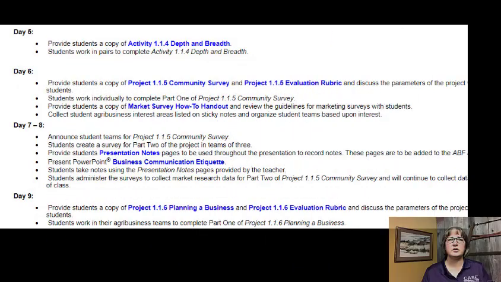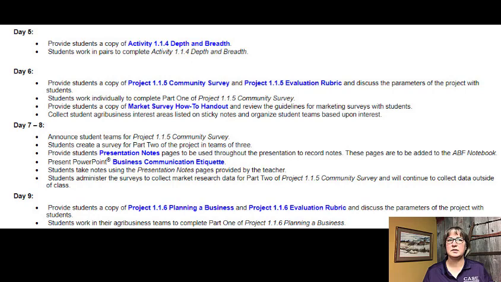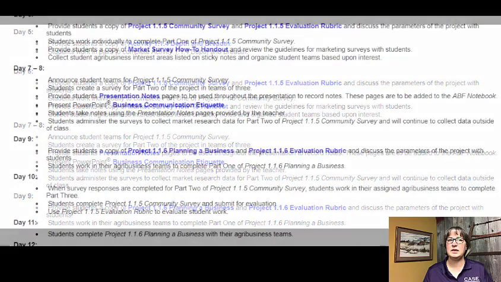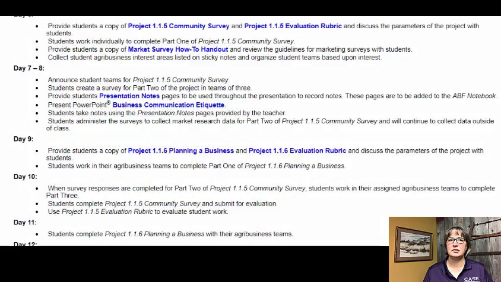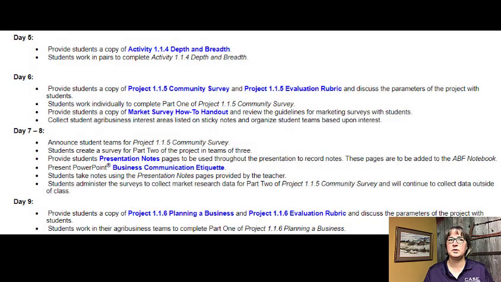to be. First, note in the day-to-day plans there are 4 instructional days planned for this project: Day 6, Days 7 and 8, and Day 10. Second, students will need access to multiple resources provided in the Agricultural Business Foundation's curriculum.